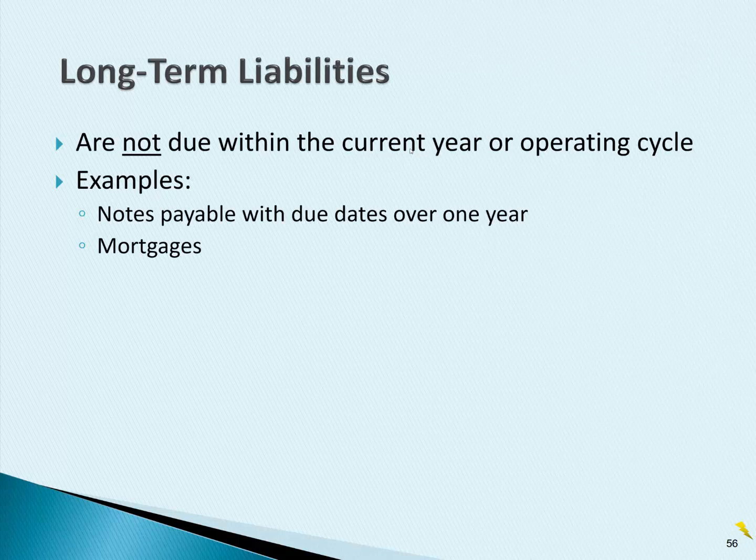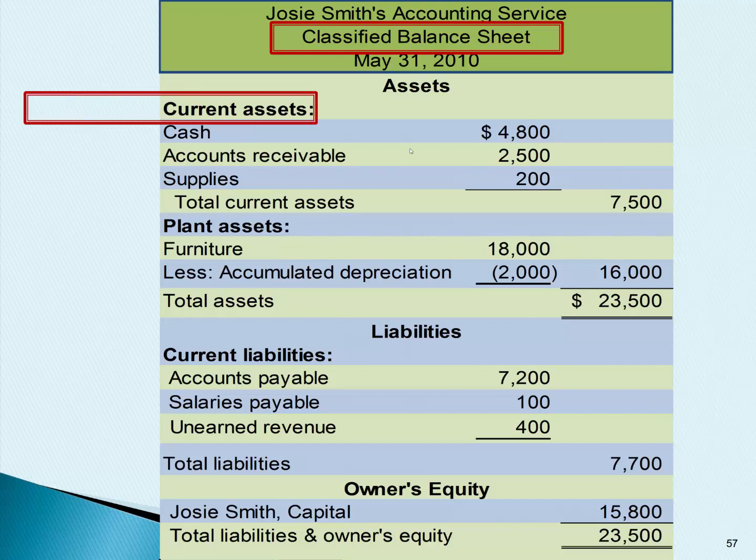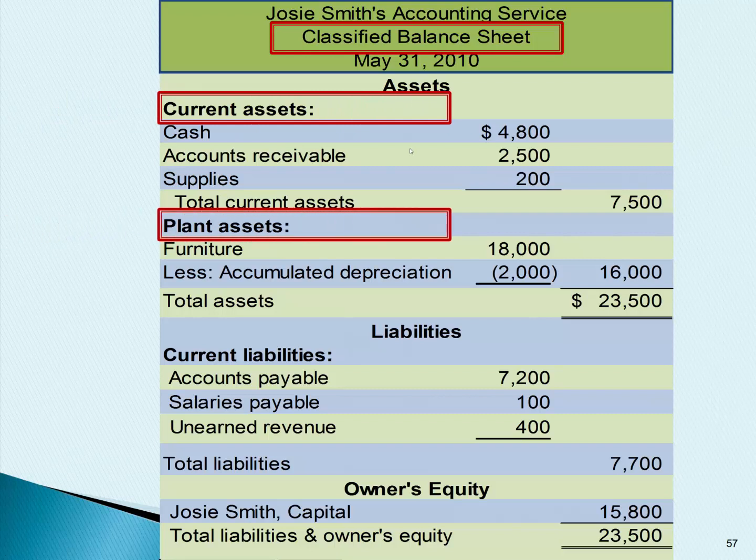All right, let's go look at Josie Smith's Accounting Services balance sheet. Now, this balance sheet looks a little different because it's called a classified balance sheet. All that means is we're going to classify assets as either a current asset or a plant asset. Now, plant assets could be called fixed assets or property, plant, and equipment.